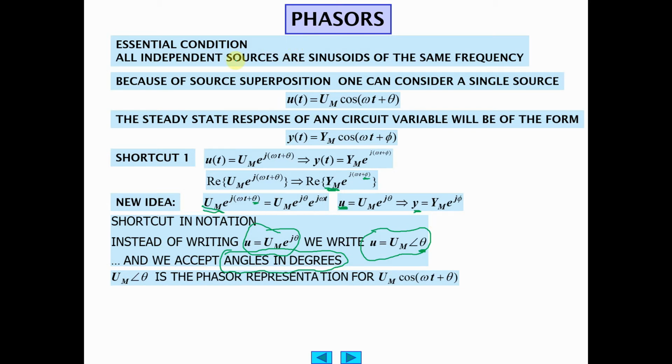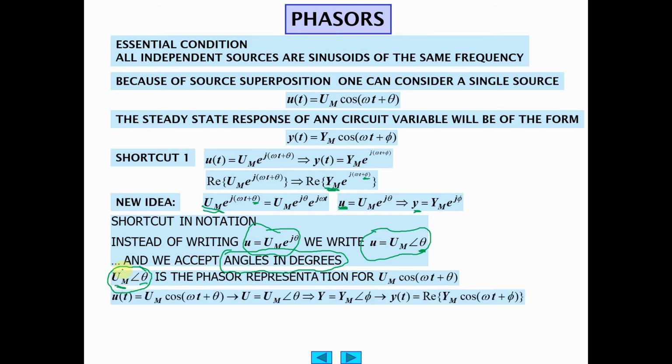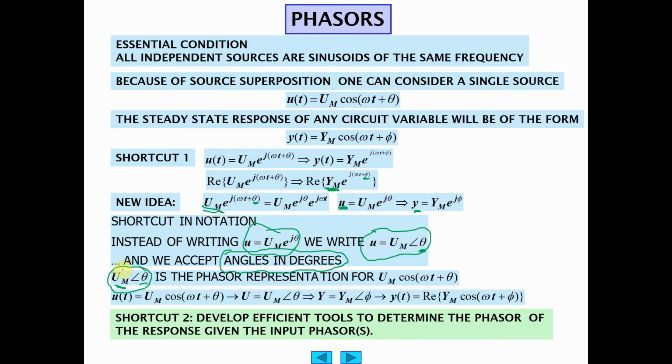This is the phasor representation. We just specify the magnitude and a phase angle of a signal. Everything's at the same frequency. Okay, it's a shortcut, so we can start working with things.